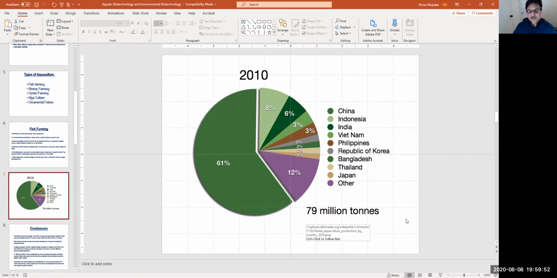This is a little bit older data, I must admit honestly, but I'm sure it will only have increased because the world population is increasing, and the choice of seafood as a food has also grown. So China leads amongst those countries which do fish farming and also export, and it exports around 79 to 80 million tons of seafood across the globe.